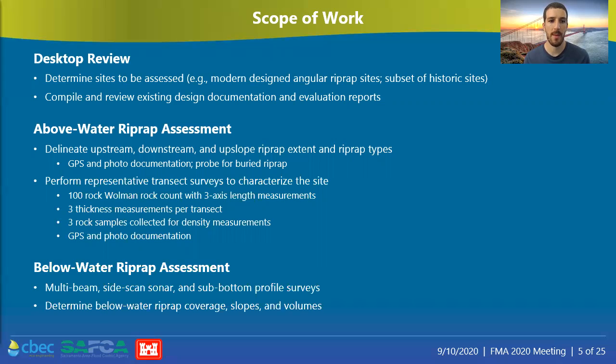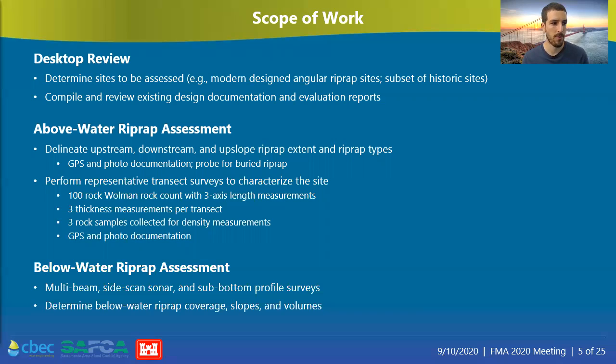For the below water riprap assessment, we collected multi-beam and side scan sonar, both of which are surface techniques in order to delineate the below water but surface extent of the riprap. And then we also collected sub-bottom profile surveys, which include a different sonar frequency that is able to penetrate sands and muds, and that can map out the buried extent of riprap.